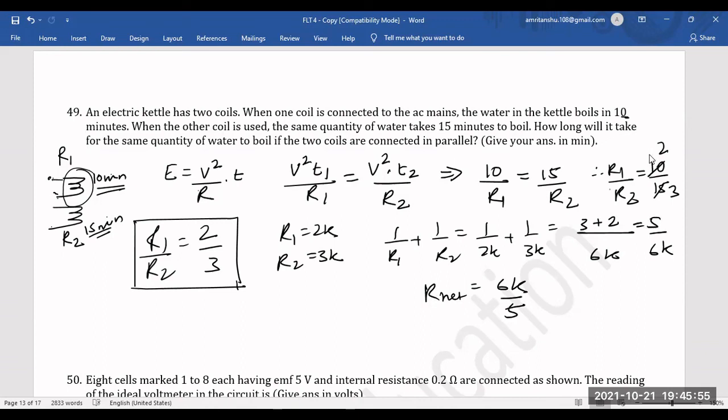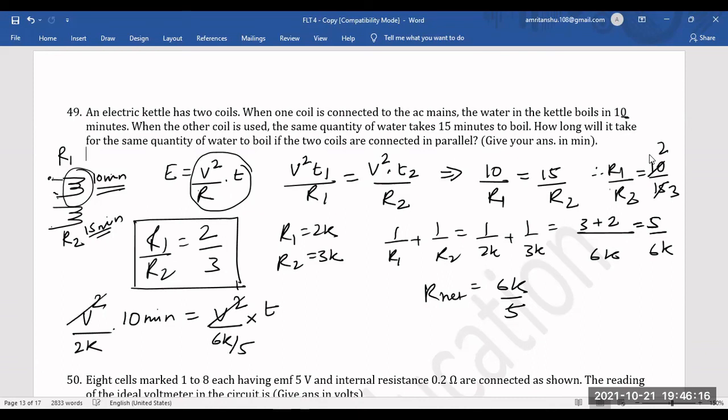Now, to generate this much amount of energy, V square upon R, we can take R1 as 2K over here, into time was 10 minutes, equal to V square upon, now we'll take R as 6K by 5, into T minutes. So V square will cancel, K and K will cancel.